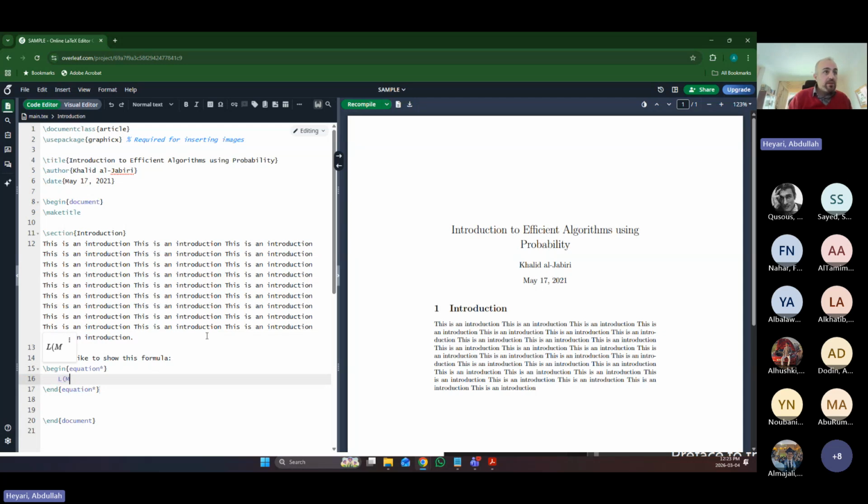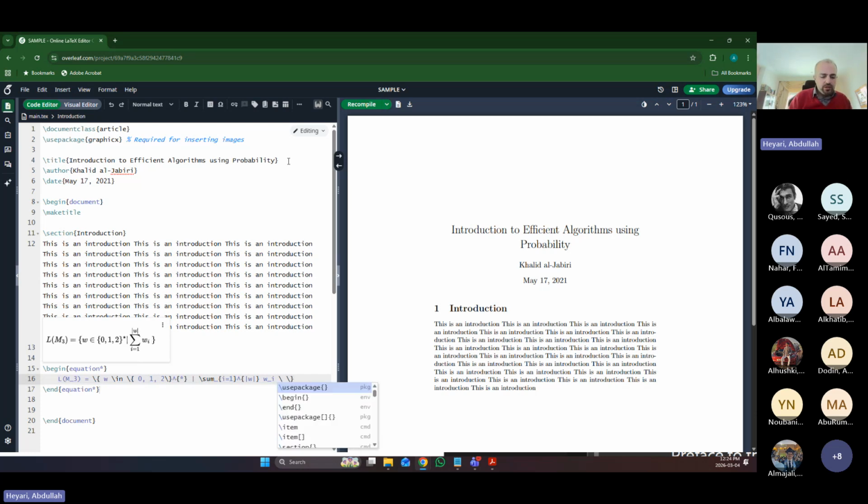L of M3, and I would like M3 to appear like that, equals W in {0, 1, 2} raised to the power star such that the sum, and that sum begins from i equals 1 to the length of W, and that would be all the strings which are equivalent.